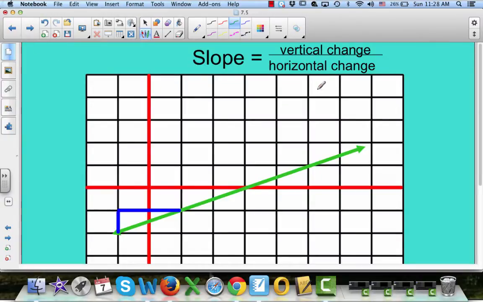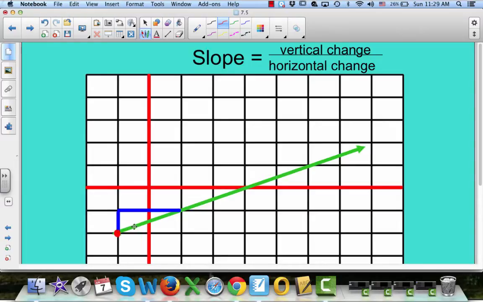Now, slope, as I told you, was the vertical change over the horizontal change. So let's look at this line right here and see what the slope of this line is. It's this green line, and it is the vertical change over the horizontal change. What you have to do is find a starting point that is at a cross section of these lines.